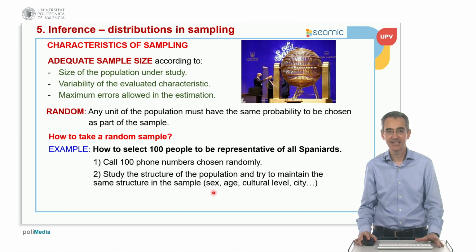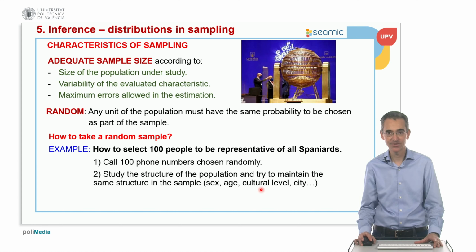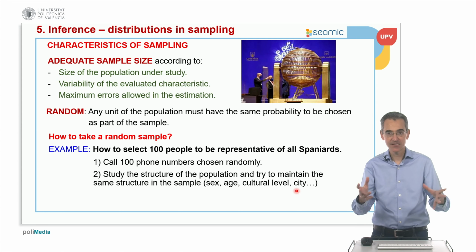Or if we can get the information about the distribution of age in Spanish people, we can try to keep the same structure in my sample, or according to cultural level or city. For example, if we know that 10% of people living in Spain live in Madrid, more or less, we should have the same percentage in our sample.